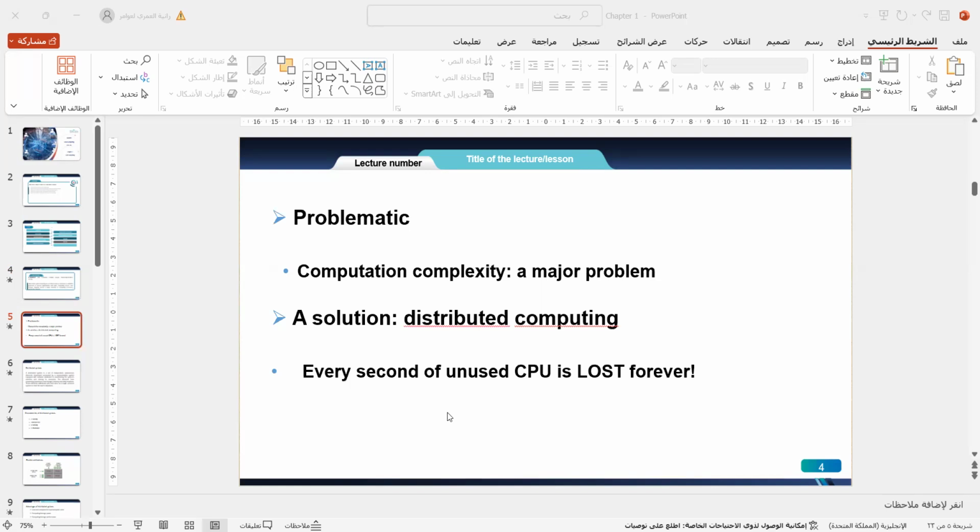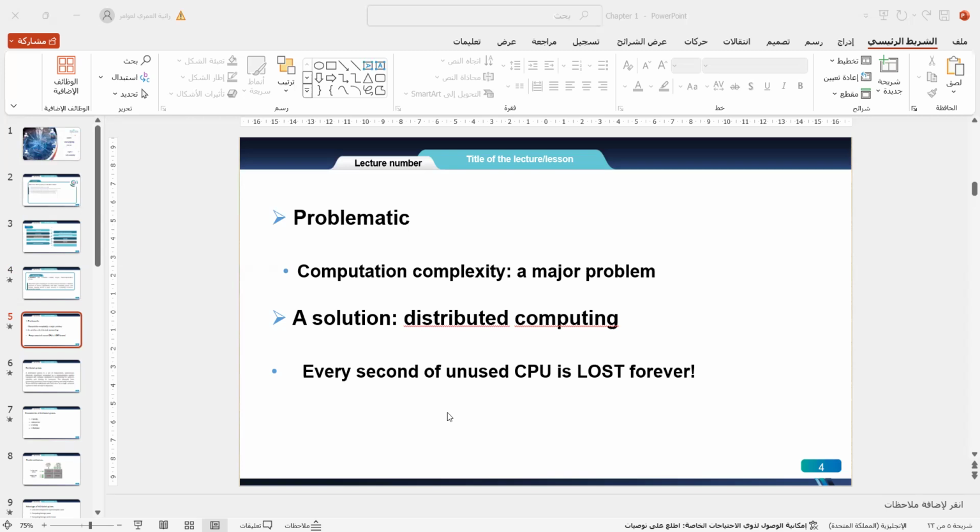This is the case if we run or focus all the tasks on one single machine. And this is the reason why distributed computing appeared.